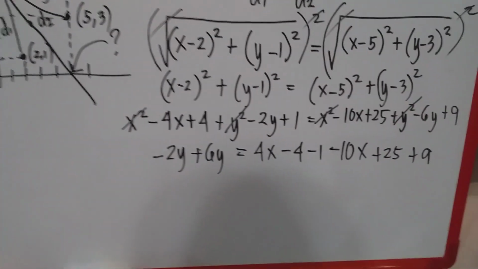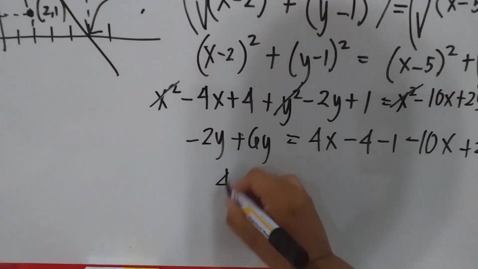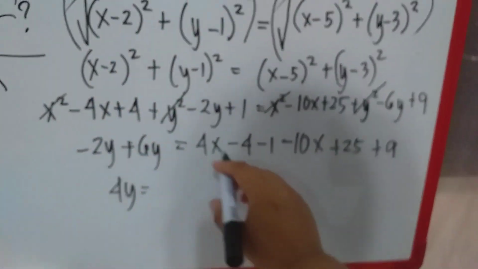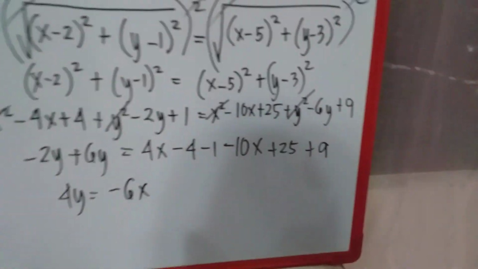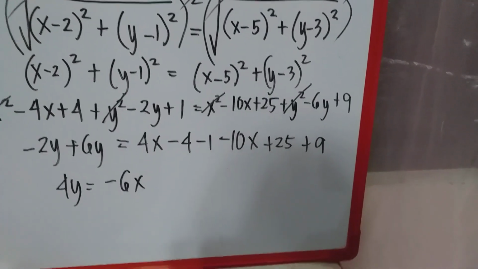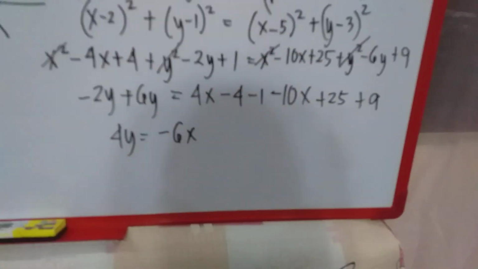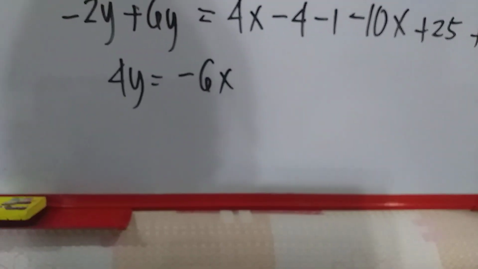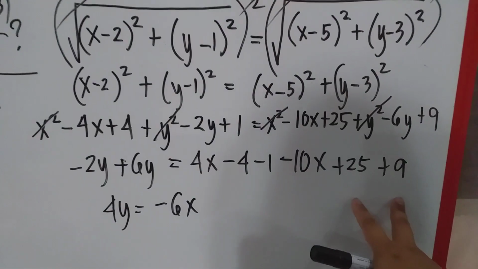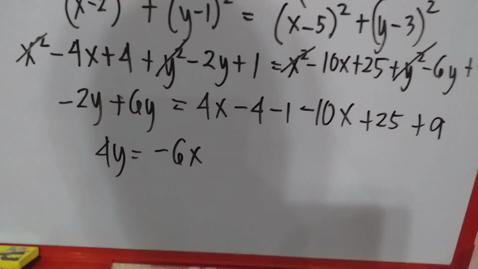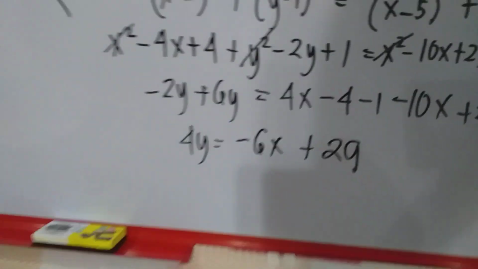Combine like terms: negative 2y plus 6y is 4y, is equal to 4x minus 10x, that's negative 6x. Then negative 4 minus 1 plus 25 plus 9, that's 34 minus 5, that's 29, so plus 29.